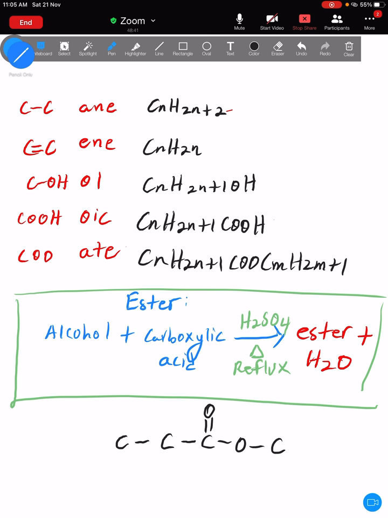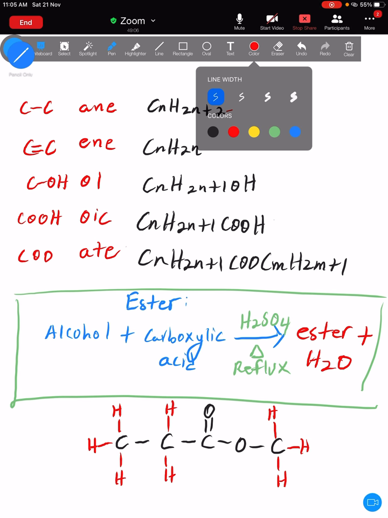Of course, during your SPM, you must put all the hydrogen. It's compulsory. No hydrogen, then you get 0 mark. Okay, something like this. So guys, how to identify which one is the carboxylic acid and which part actually belongs to the alcohol?